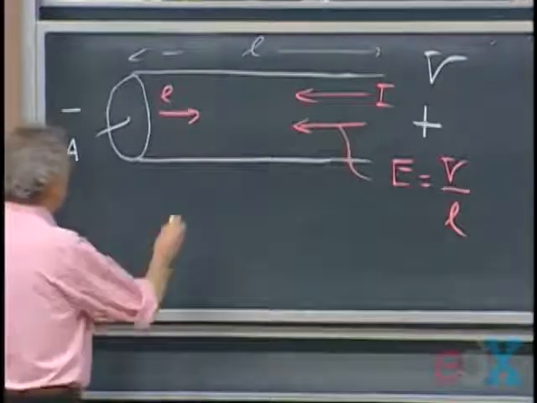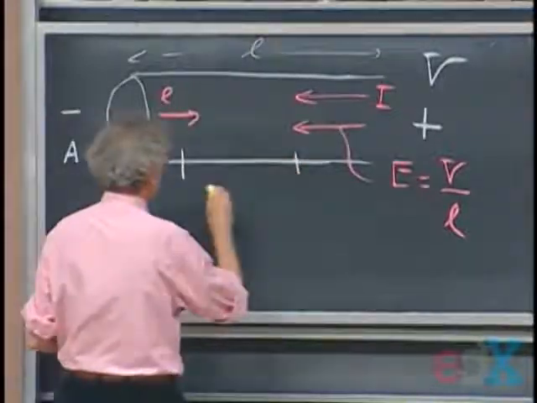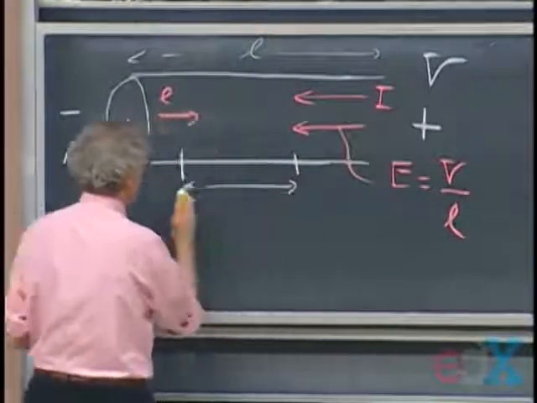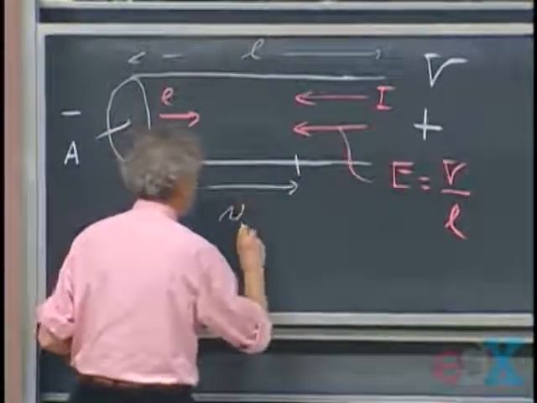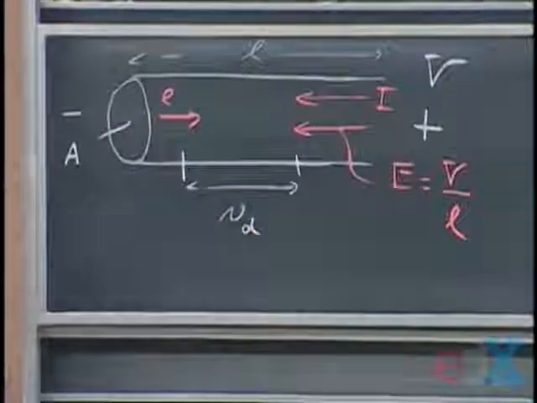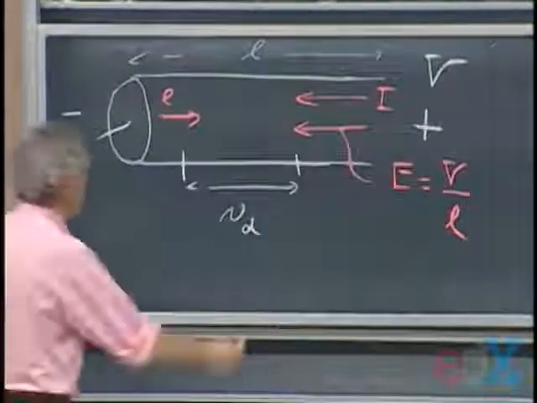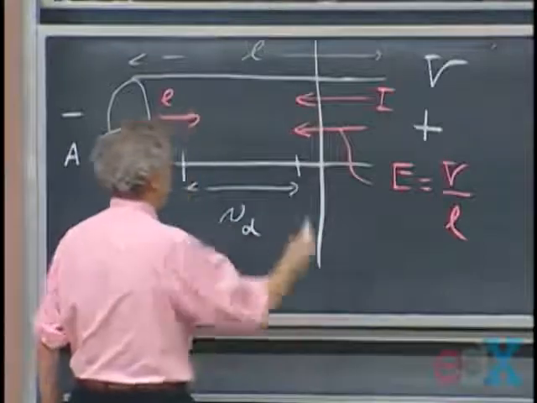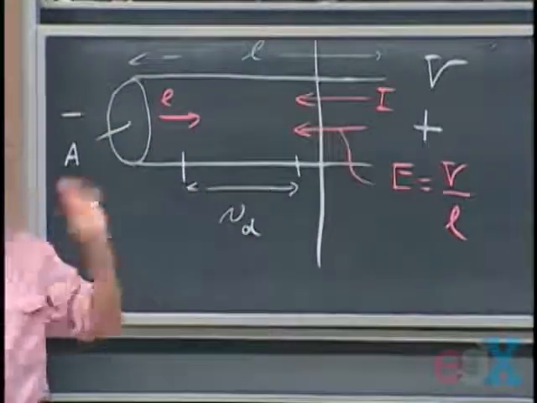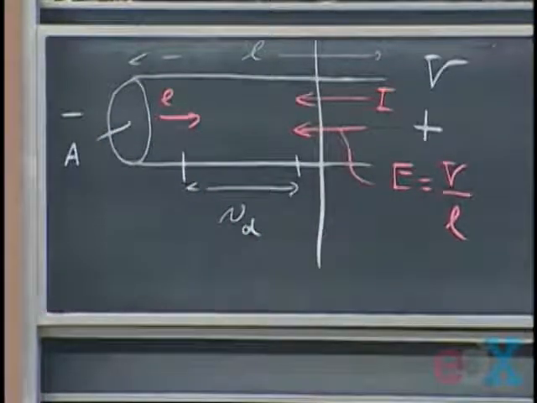In 1 second, these free electrons will move from left to right over a distance v_d meters. So if I make any cross-section through this wire, anywhere, I can calculate how many electrons pass through that cross-section in 1 second.